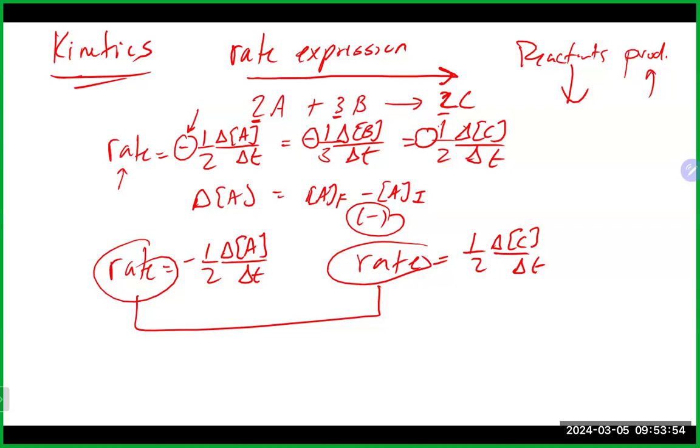Now, remember that if you do solve for, say, something like this, which is a reactant, and you're interested in how that reactant is changing with time, you will end up with probably a negative number for that because it should be decreasing with time, as opposed to if you solve for C here, for the change in concentration of C over time, that would yield you a positive value as well.